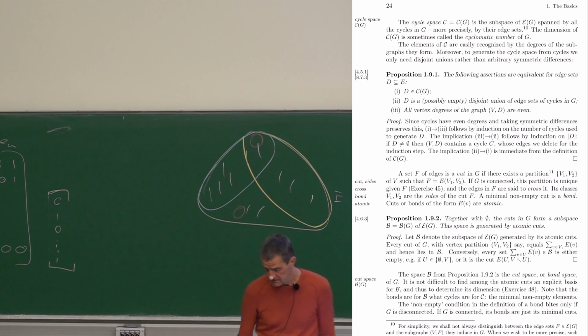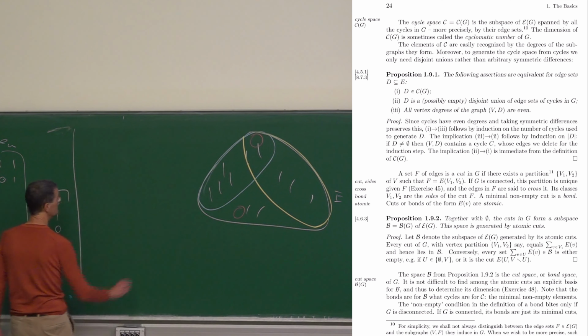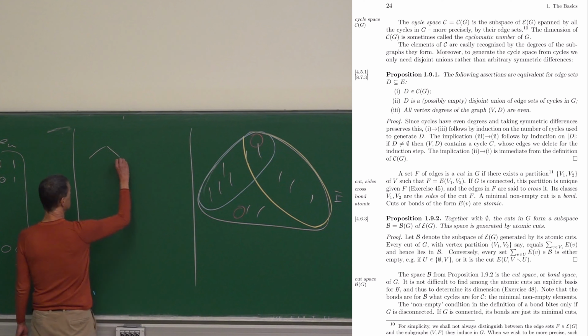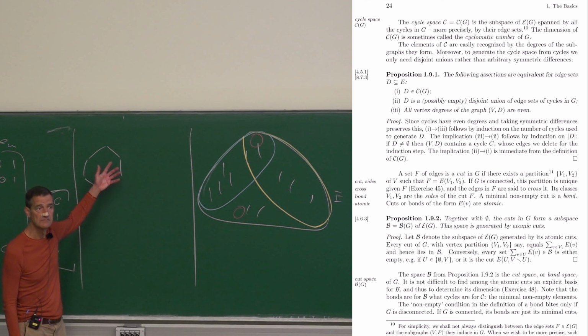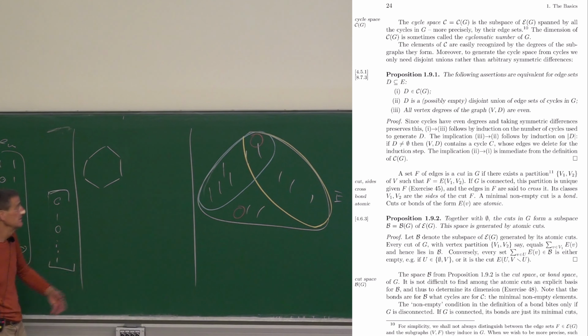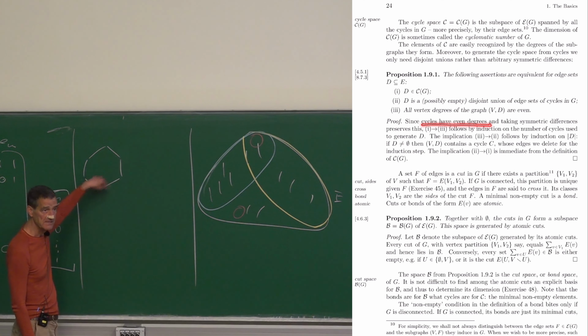And that is easy because cycles do that. So when we generate an element of the cycle space, we start with cycles. From them, we generate these elements. A cycle has the property that its edges induce even degrees at every vertex.